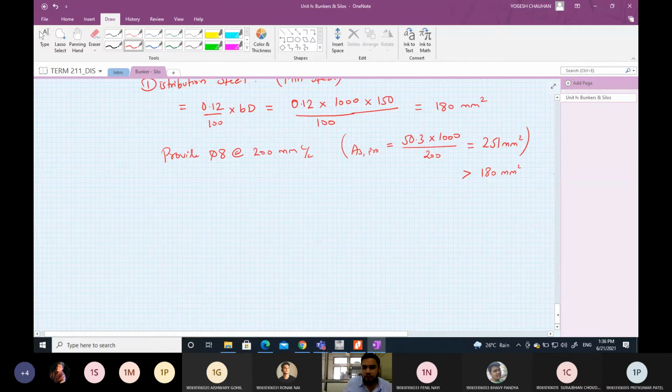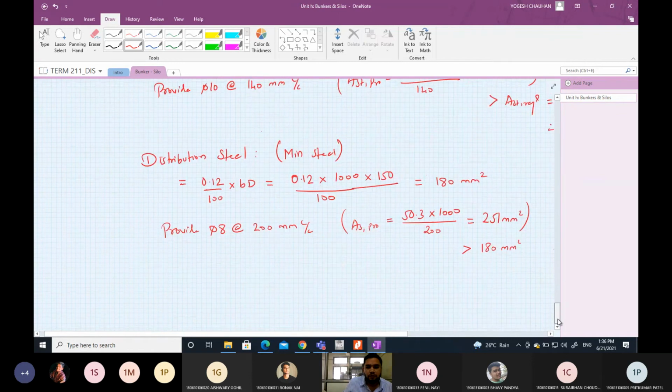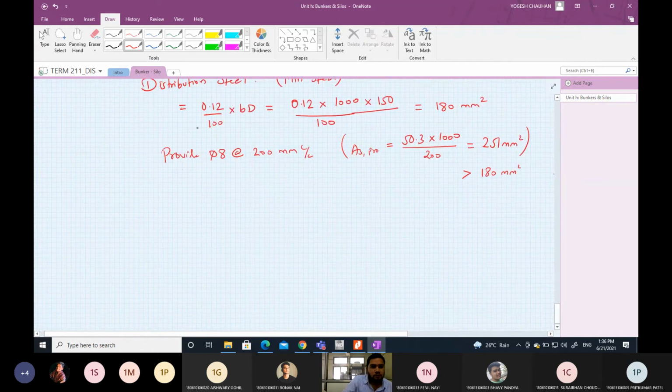Now, the next step is to design the bottom hopper. Design of bottom hopper.